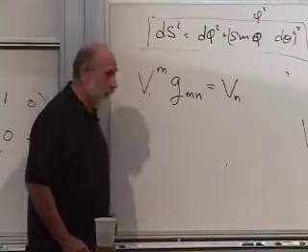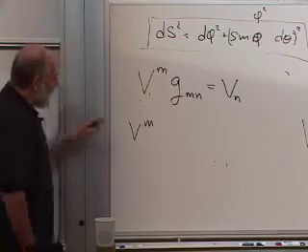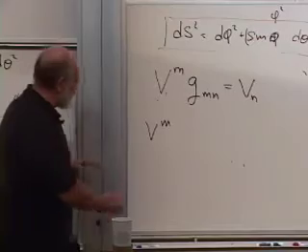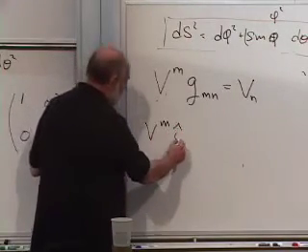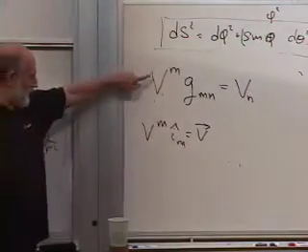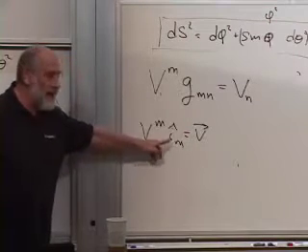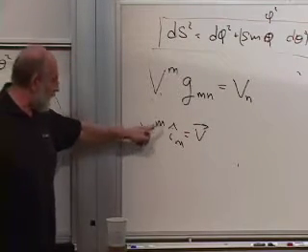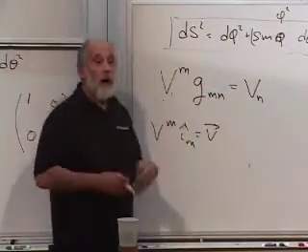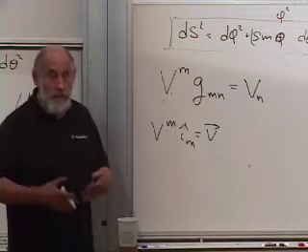If V^m are the set of coefficients that you multiply by unit vectors and sum them up to get the vector V, if you think of these V's here as defining a vector by adding up the V's times unit vectors, then the V's with lower indices are, as I told you in the beginning, the covariant components of the same vector.